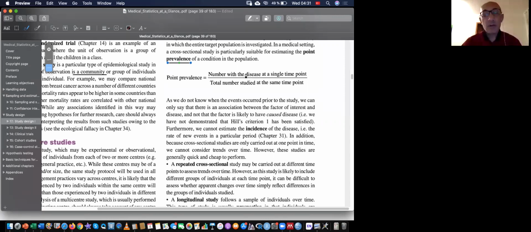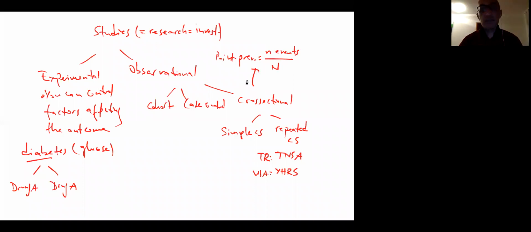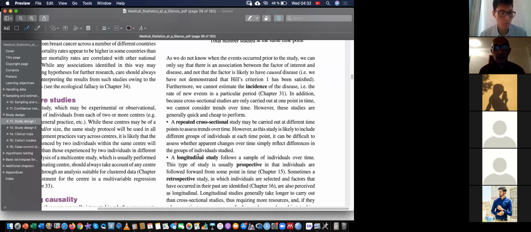So the point prevalence is equal to the number of events divided by the total population. For example, the number of students with eyeglasses divided by the total number of students in the class. Very easy.